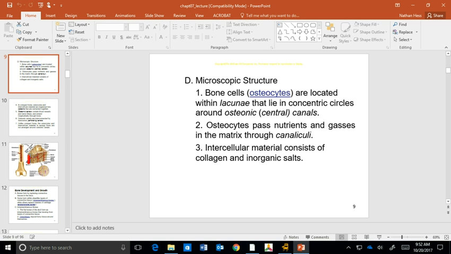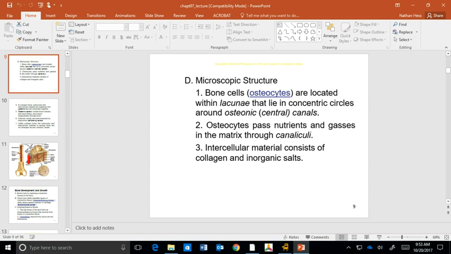The microscopic structure. So this is here on pages 145 and 146. Remember that I had asked you to know some terminology from that one. We'll start with compact bone. Remember, compact and spongy are two different types of bone.